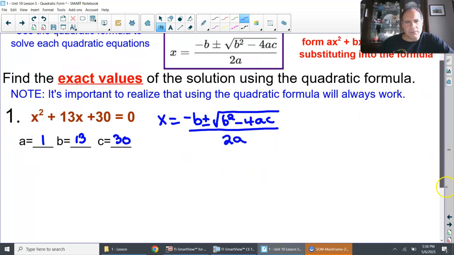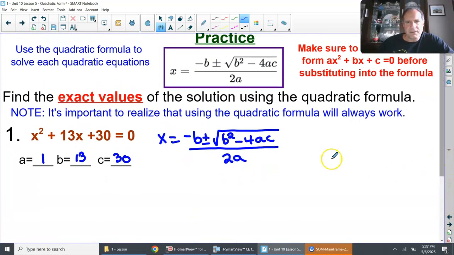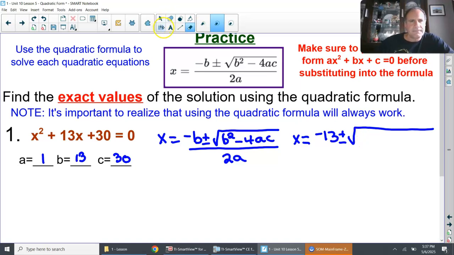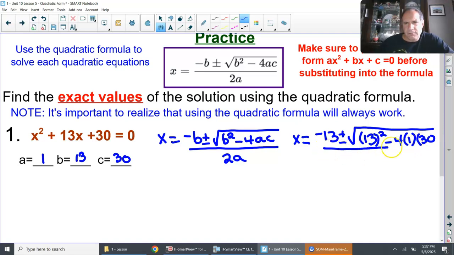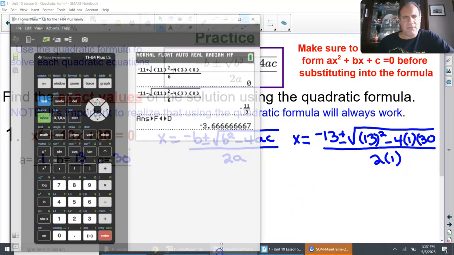And then I am going to move this over to x equals negative b, which is negative 13, plus or minus square root of 13 squared minus 4 times a, which is 1, times c, which is 30, all over 2 times a, which is 2 times 1.